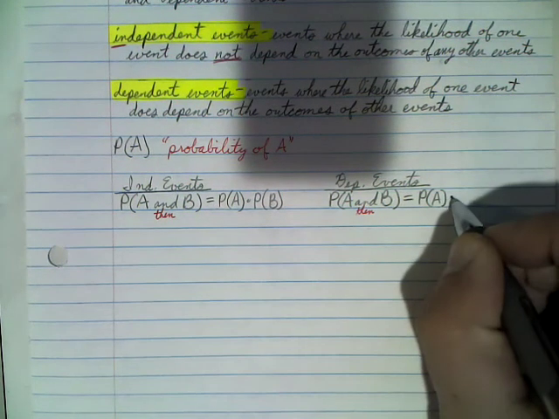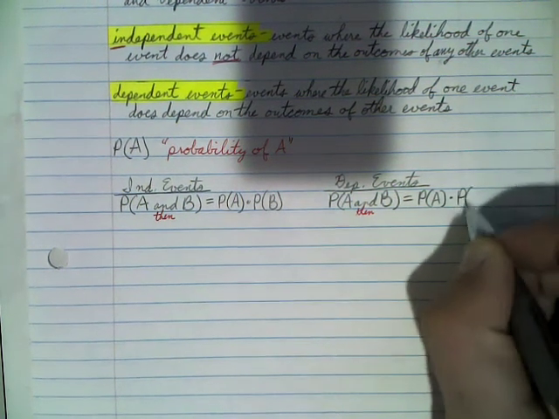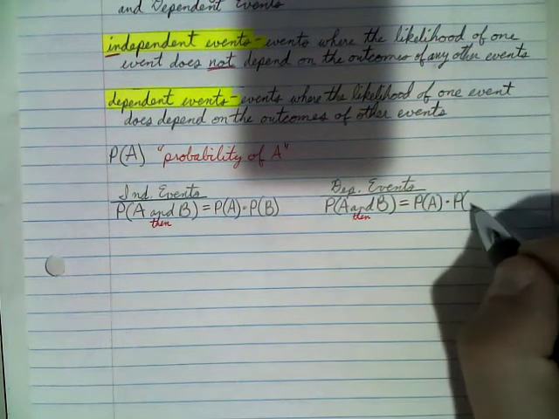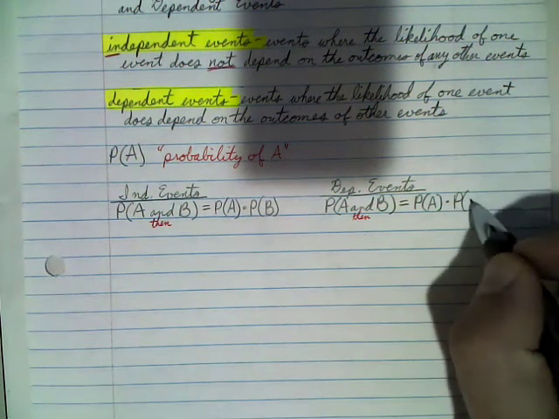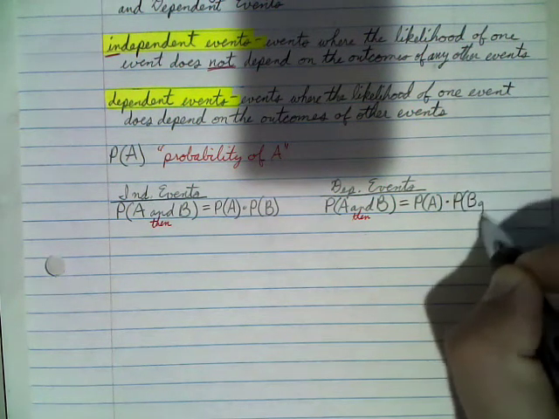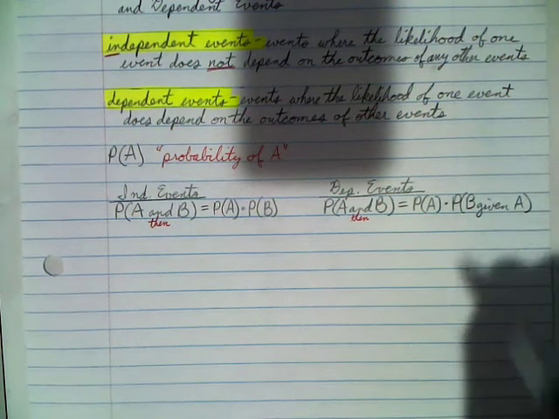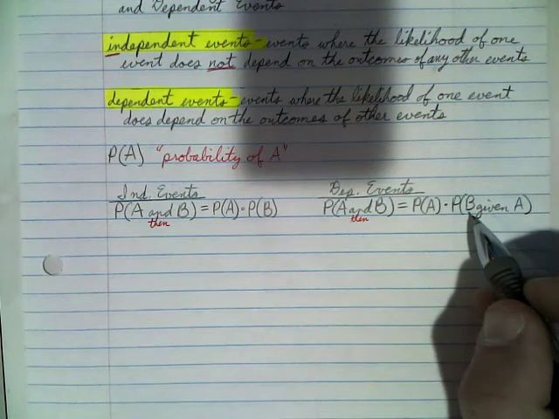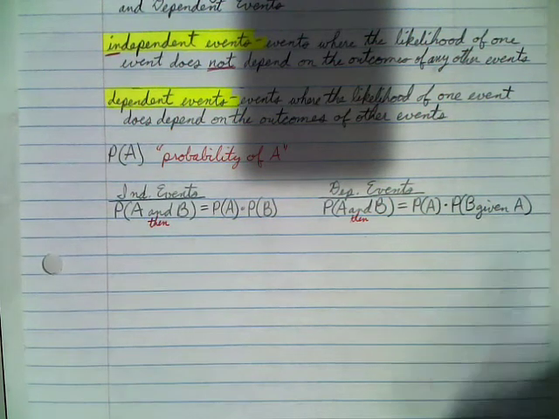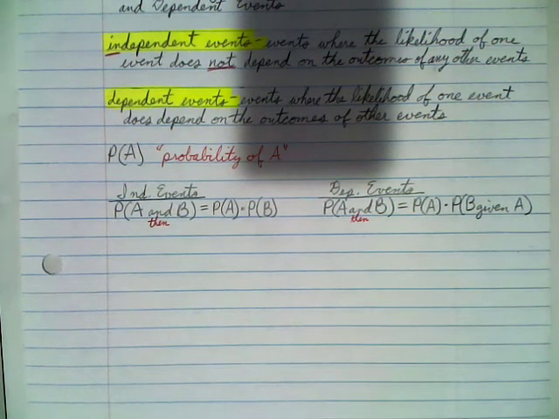And we are going to multiply again, but it's not just with the probability of B. It's the probability of B given A. So in other words, what's the probability of B given that A has already happened? And so we'll take a look at some examples of that here in just a moment.